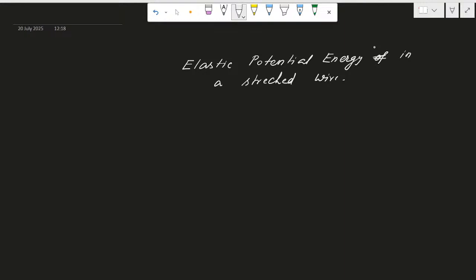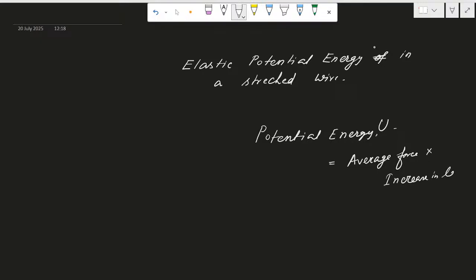Okay. So what I am saying is that whenever you are stretching a wire, the work done is actually average force into increase in length, and that is the potential energy. So potential energy, that is U, is equal to average force into increase in length.